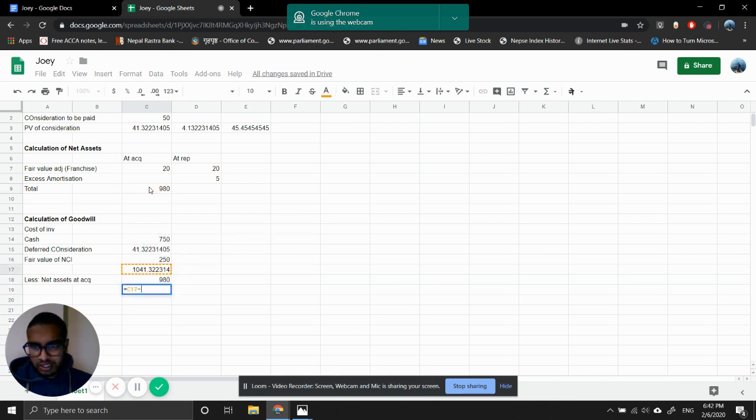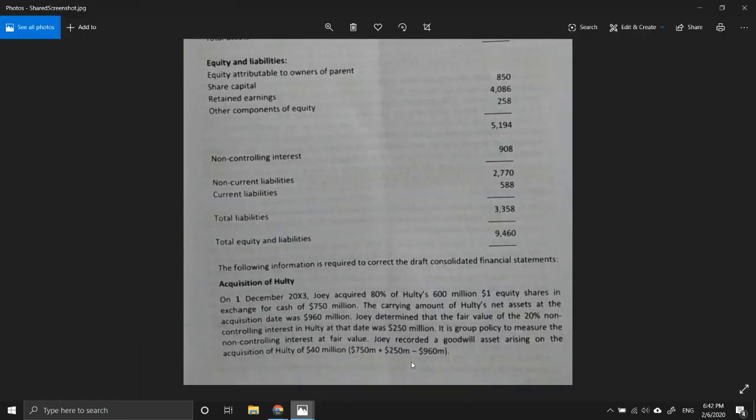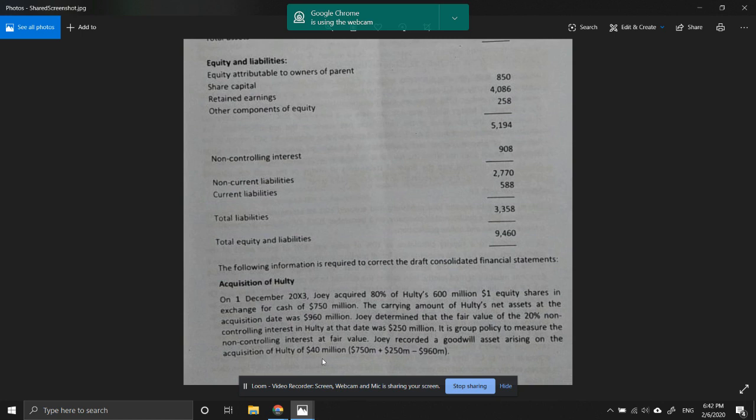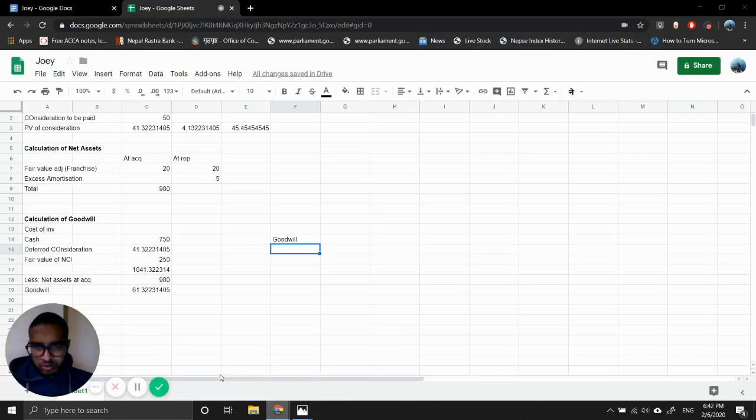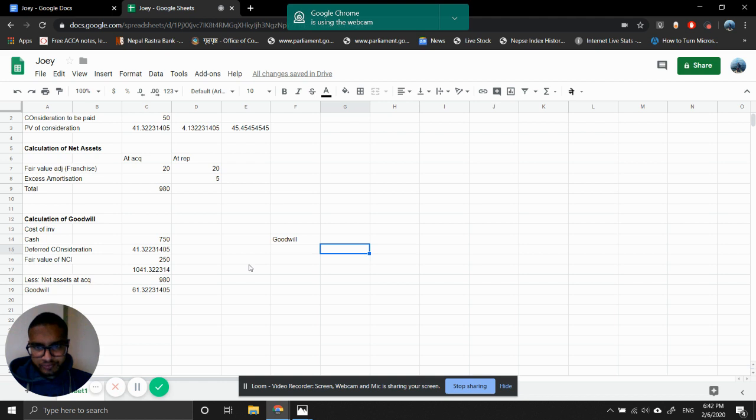So this figure minus this figure, 61.322 should be our goodwill, right? Since our goodwill has already been recorded by how much? As per the company, they have recorded it 40, right? So it should be 61 point, earlier recorded, so 40, right?